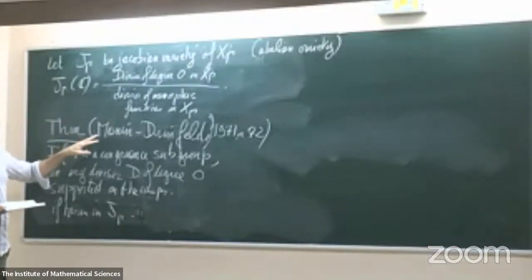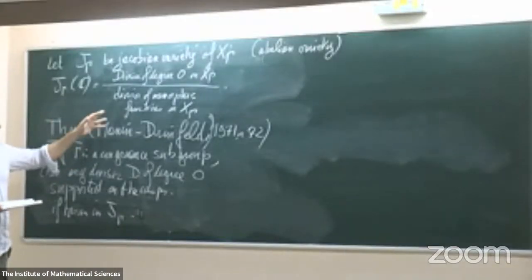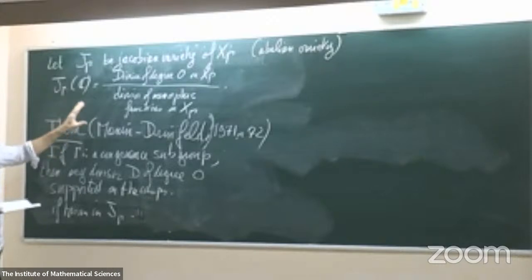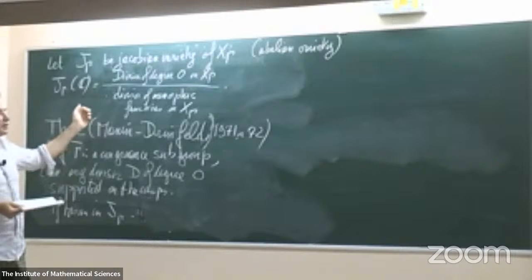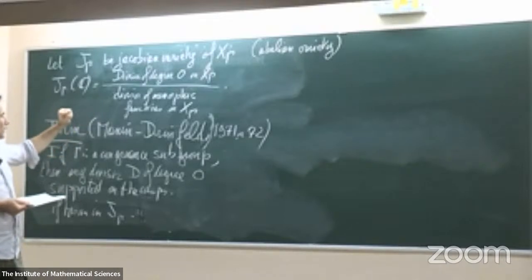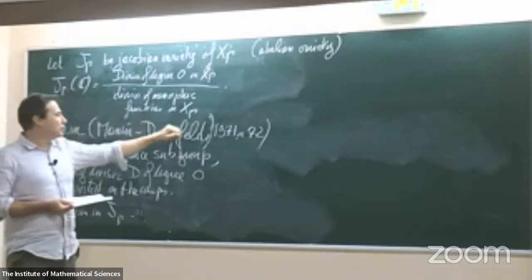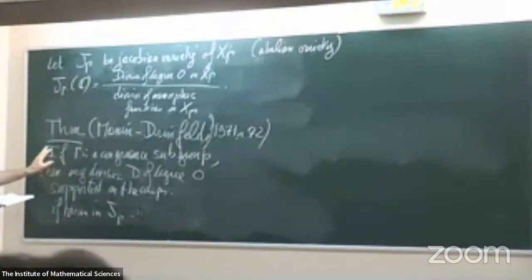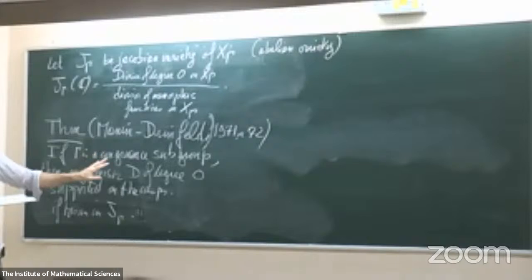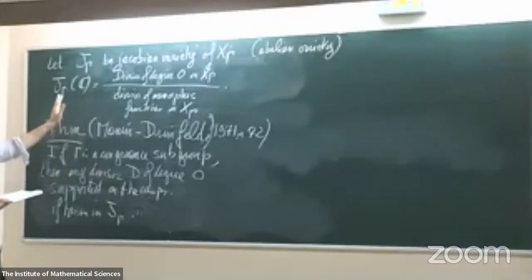The story was Manin was already an established professor in Moscow at the time. He had a seminar, and he published his paper where he does not quite prove this theorem, but a very weak form of it if you project the Jacobian on elliptic curves. So this is what he proved.